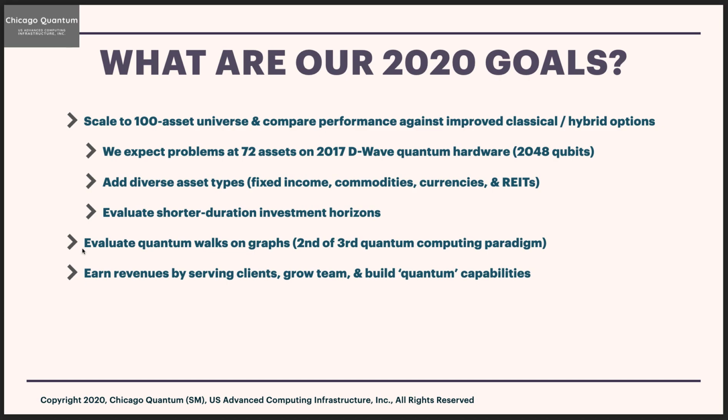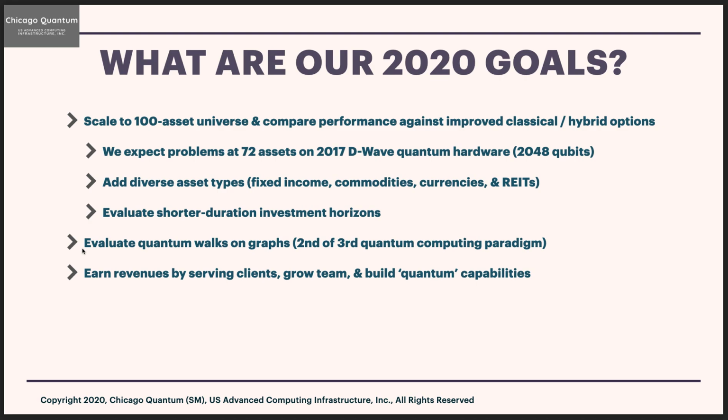We're going to make a ton of money. We're going to figure out how to forecast the future. Oh my, we're going to be wealthy, right? It's our hypothesis. We have no evidence that it actually will work, and so that's the research we're going to do. It's the second basically of the third computing paradigm: annealing, quantum walks, and gate model.